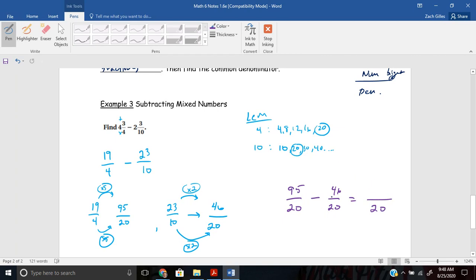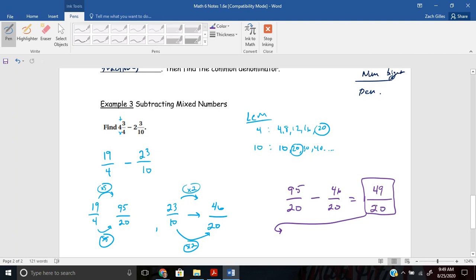And then 95 minus 46 should give me 49. Okay. Notice my answer is an improper fraction. A lot of the times we should rewrite improper fractions as mixed numbers. So this is technically correct, but let's practice rewriting this as a mixed number.